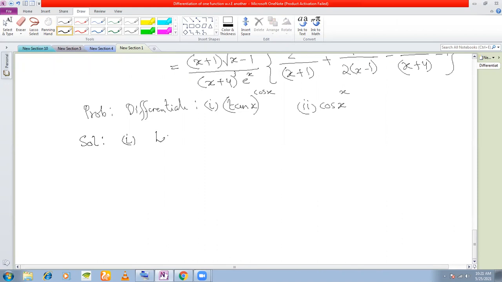First one, let y is equal to tan x to the power of cos x. Take log on both sides. One function has been raised to another, so we take log on both sides. Log y is equal to cos x log tan x. Now differentiate both sides.